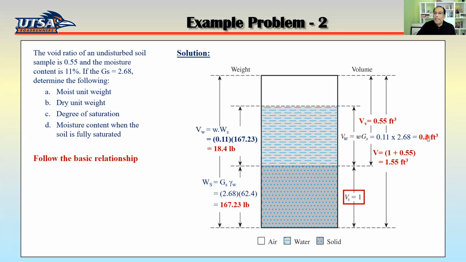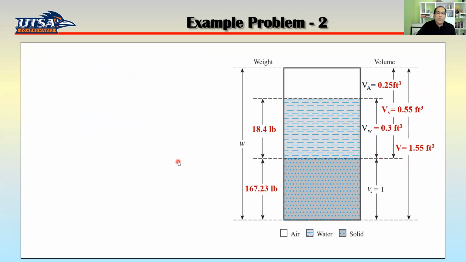If I know the volume of water and the total volume, I can find out my volume of air, either by total weight minus this weight minus this weight, so I get 0.25, or I can take my VW from VV, and I get my VA here. Now I know all the 5 components, and I can answer all the 4 questions from there.